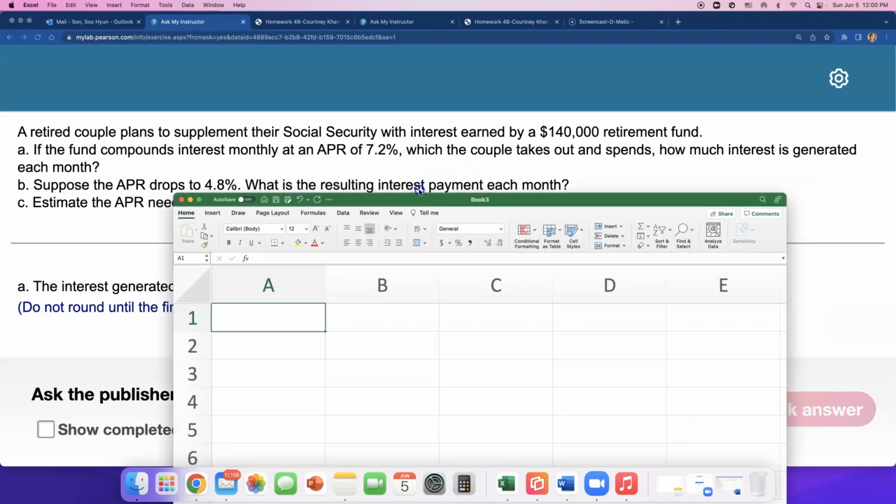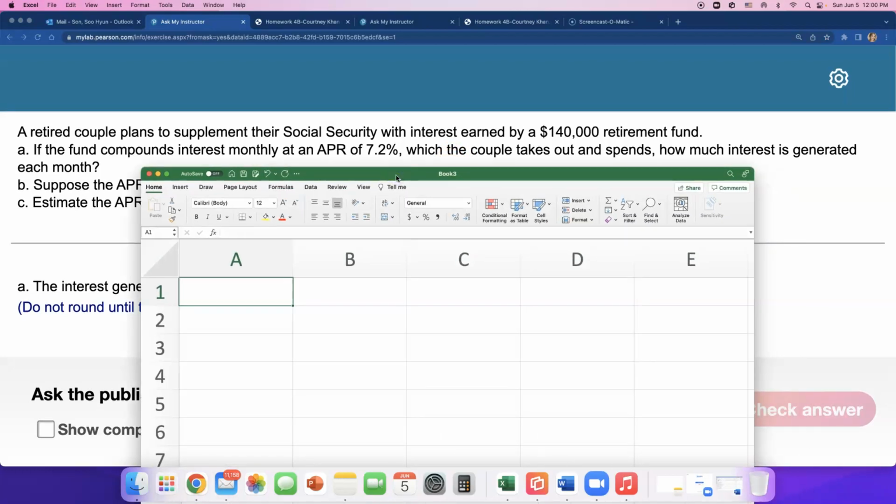Let me explain what I'm thinking about the first part. This couple is not going to touch their principal. They want to keep that $140,000 in the account. They want to live off the interest, or supplement their income with the interest from that original investment. So when they pass, that $140,000 will still be in the account for whoever.